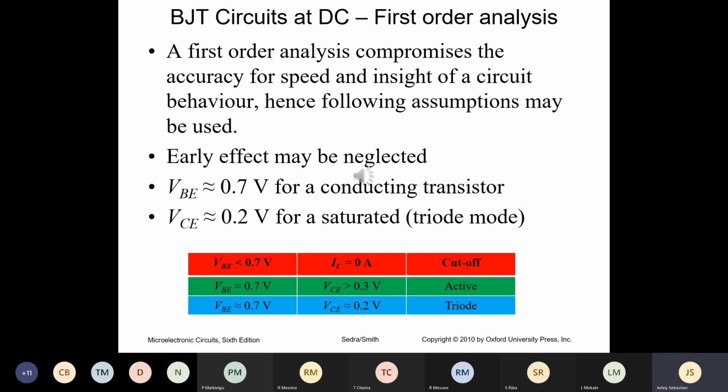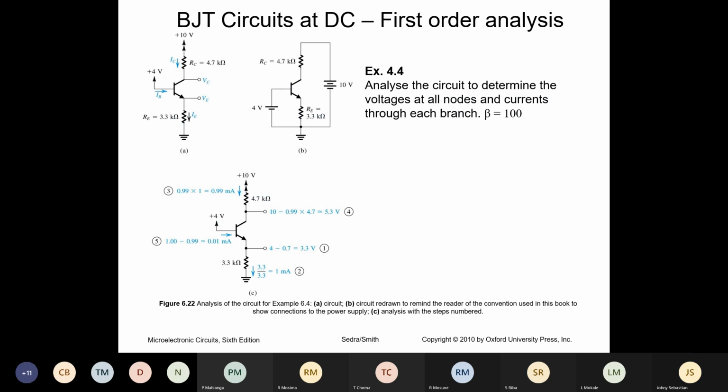In between the slide, this band is sitting, I can't move anything here. But you can see it on your side. Saturation means VBE will be around 0.7 and your VCE will be less than 0.3. That is 0.2, 0.1, 0. That is the saturation region. Now I ask everybody to go and try to work out this problem.